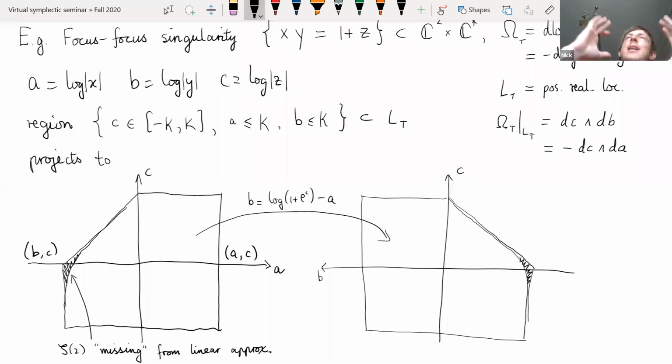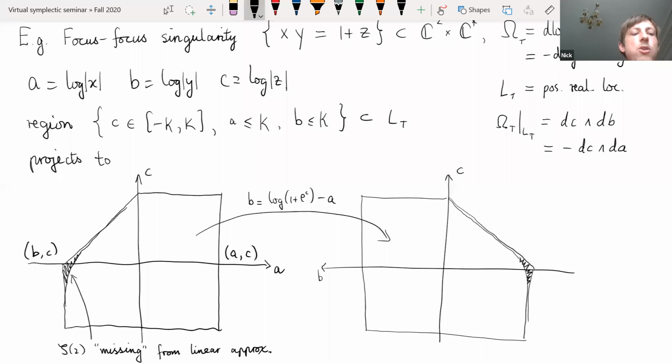Since we want to cut things up into polygons in the base of our SYZ fibration, over here where A and C are coordinates, we want to define a region by linear inequalities in A and C. So we say C is between minus K and K, so that's the top and the bottom bit of our polygon, and A is less than or equal to K, that's the right-hand side.